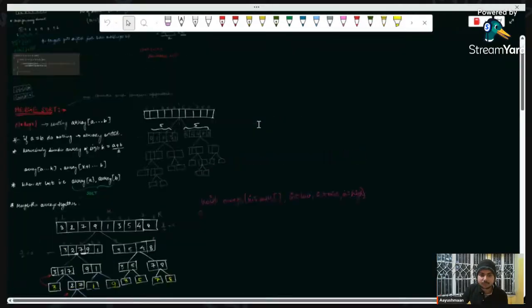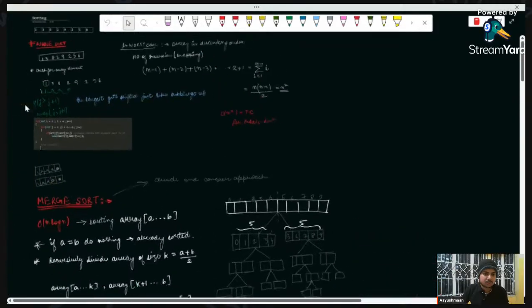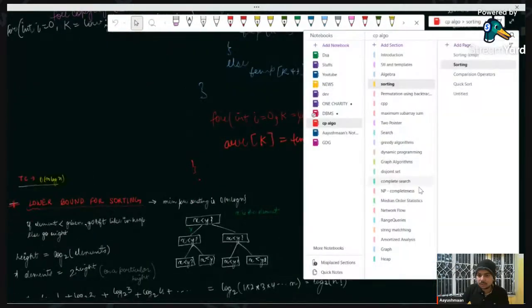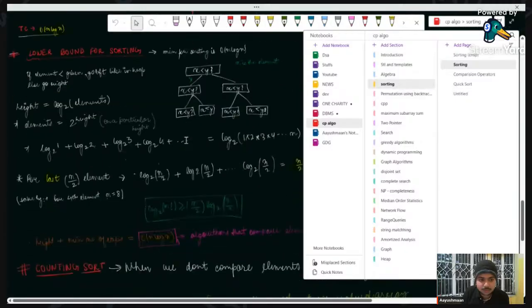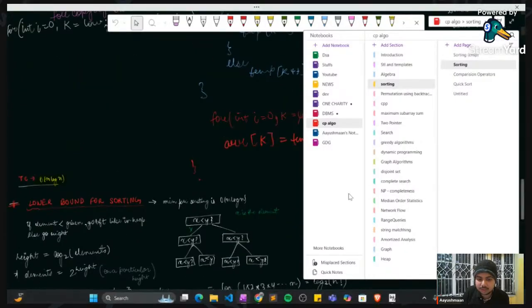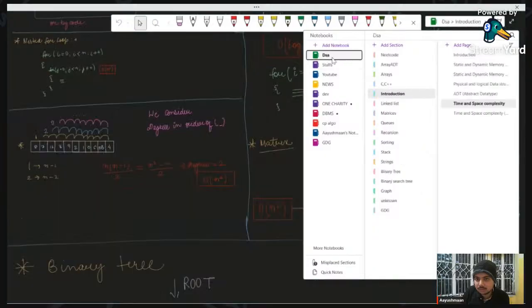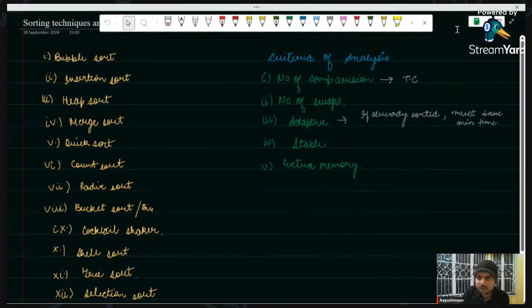We have complete good notes on merge sort and more. If any one of you wants notes, ask me in the DM or in the group. I'll make sure you get it. This is proper notes, and this is what we are learning right now.